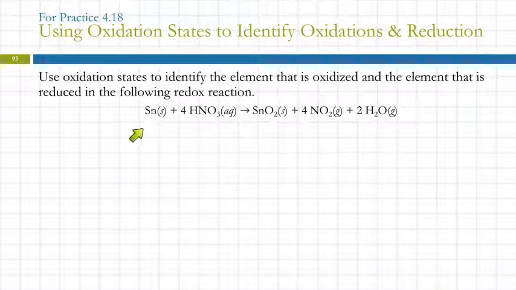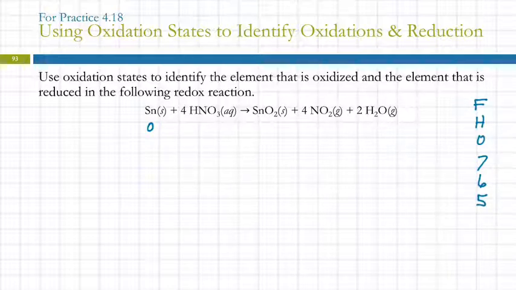So here's tin. What's its oxidation state? 0. It's an element by itself, no charges, 0. Here we have nitric acid. We have 3 nonmetals. So we've got that order, Fe765.